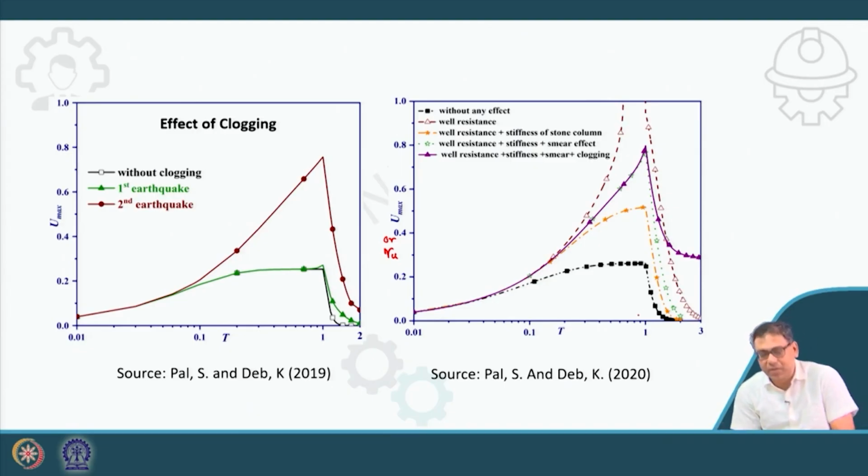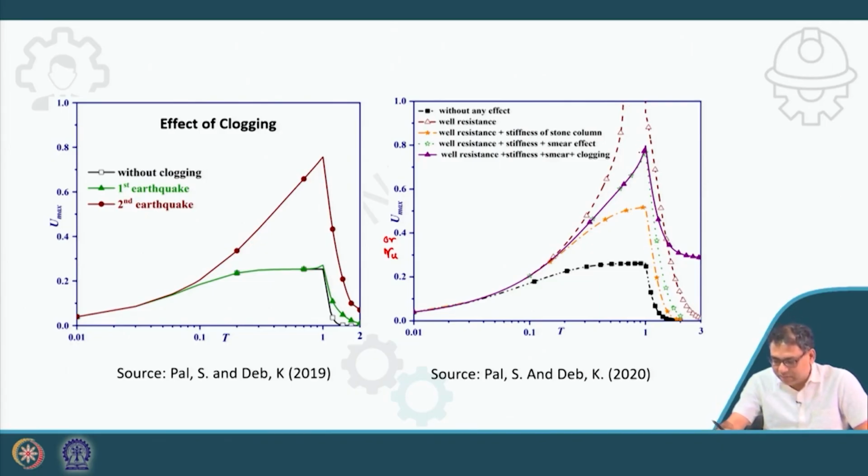Remember the meaning of this curve: 0 is the start of the earthquake, and the pore pressure will generate, and at the end of the earthquake it is maximum. After that there will only be dissipation of the pore water pressure.